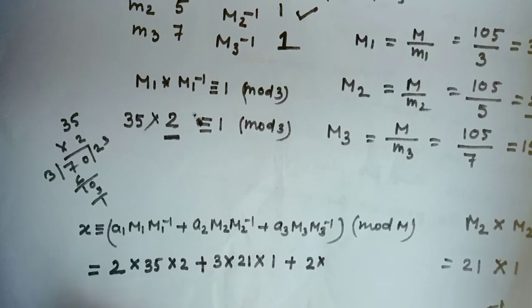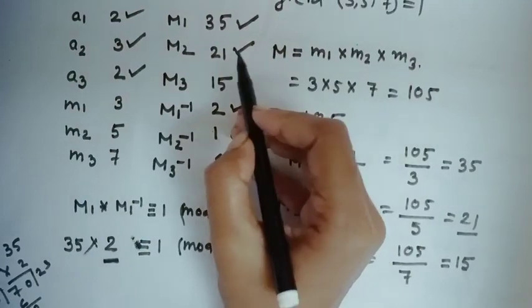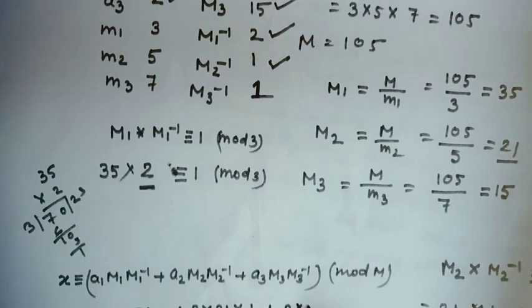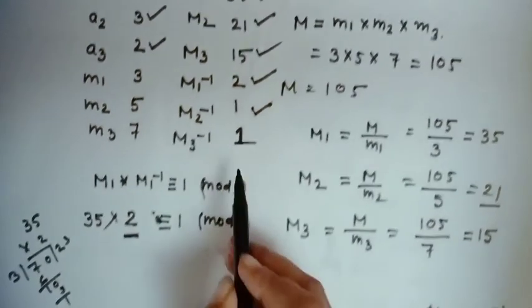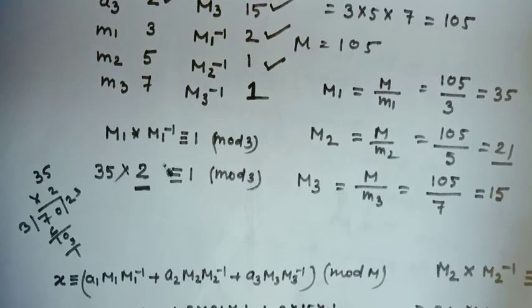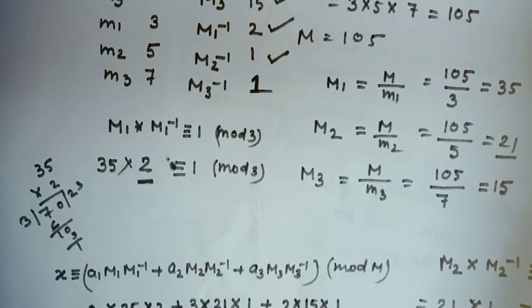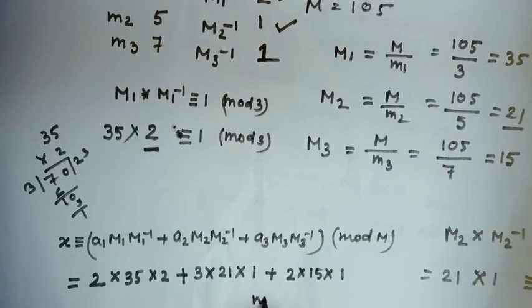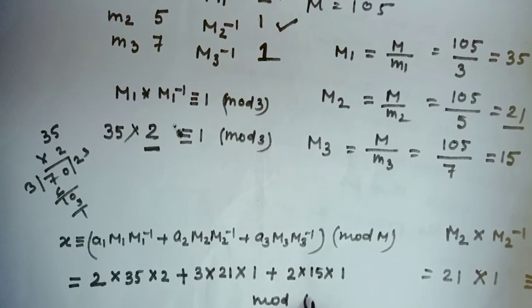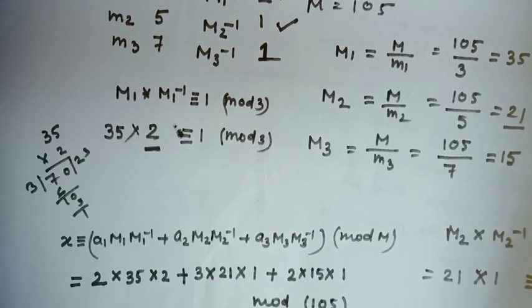times capital M3 equals 15 times capital M3 inverse equals 1, modulo 105.